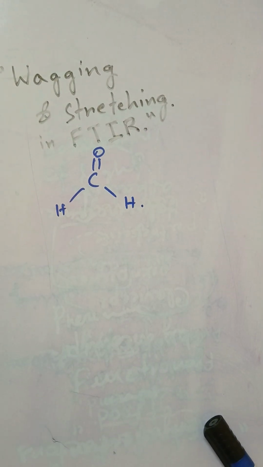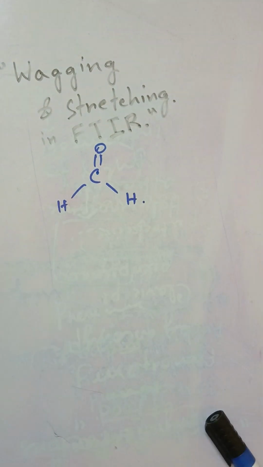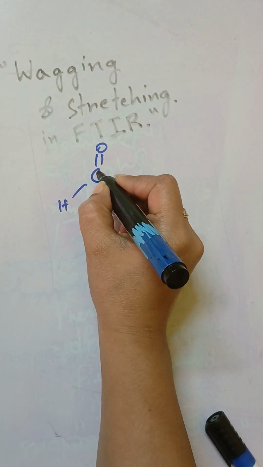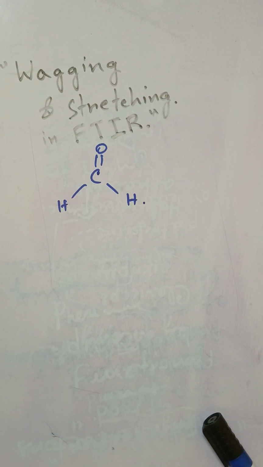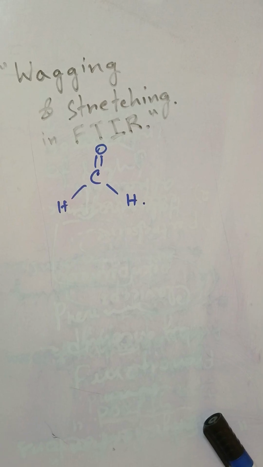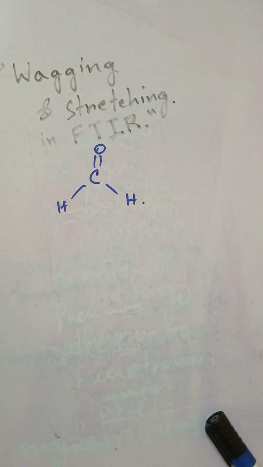Now, always remember that the carbon atom and the oxygen atom, if present in this carbonyl form in any kind of compound, always show the same and identical movement, whether wagging or stretching, with the same frequency.